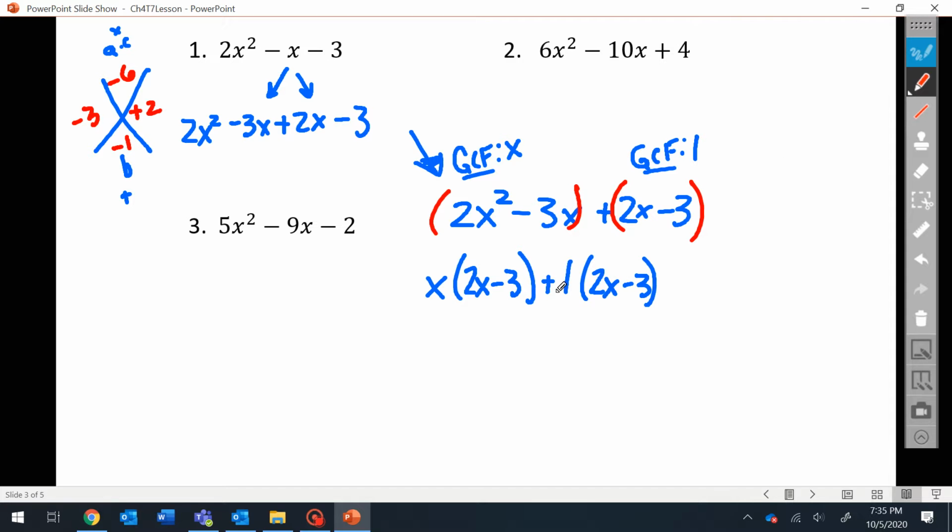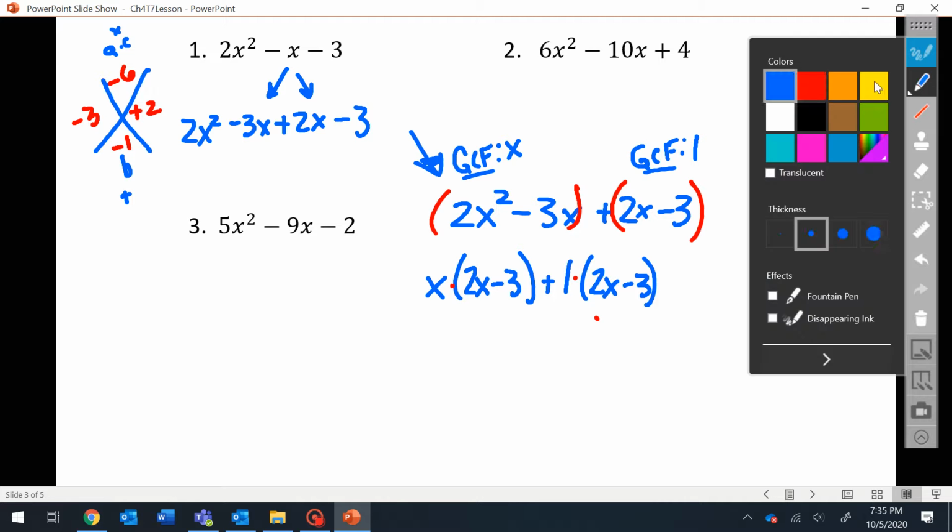You'll notice that both of these are multiplied by 2x minus 3. x is multiplied by 2x minus 3. 1 is multiplied by 2x minus 3. What that means is that 2x minus 3 is a factor for both of these terms.